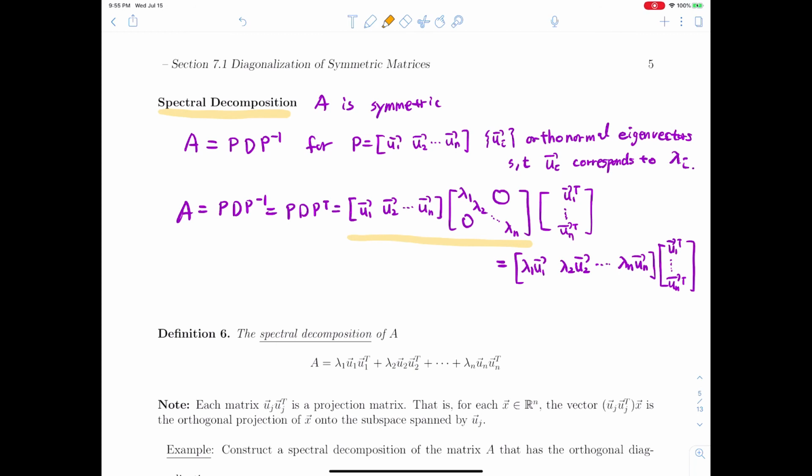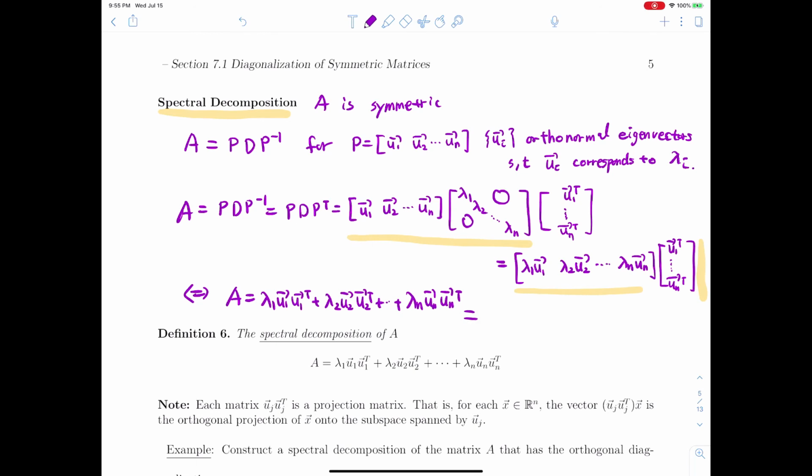Or if you calculate this matrix product, then this gives you A is the same as lambda 1 U1 U1 transpose plus lambda 2 U2 U2 transpose, and so on, plus lambda n UN times UN transpose.